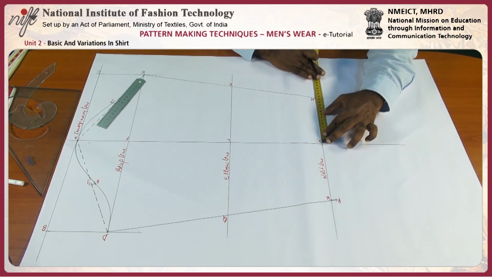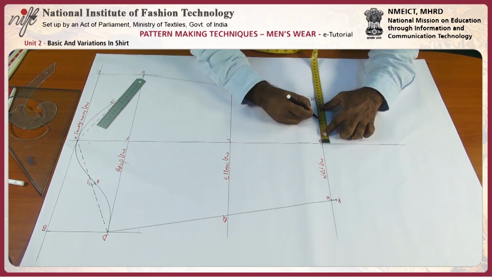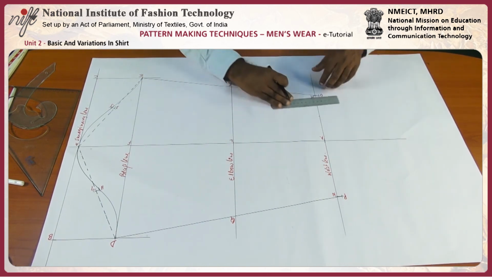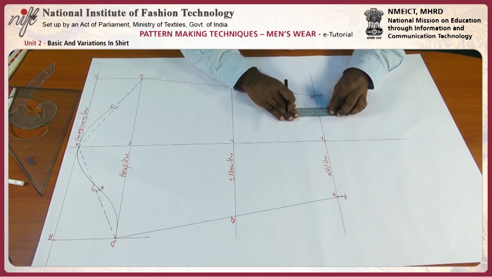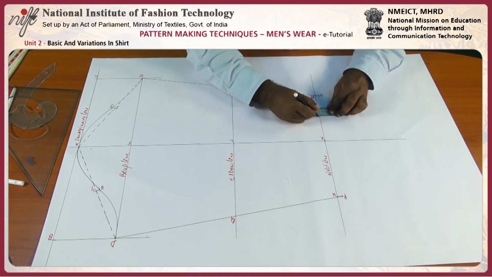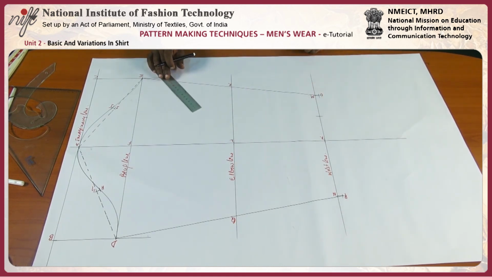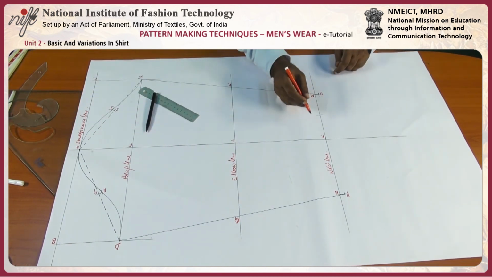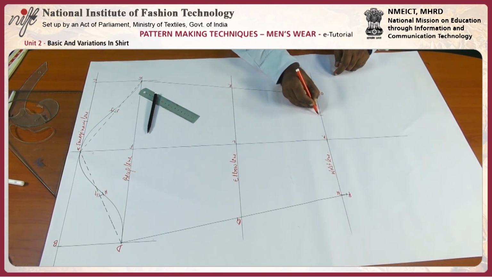Half of that will be 7.1, and give a cross mark. Draw a line parallel to the center line from point S as shown in the figure.